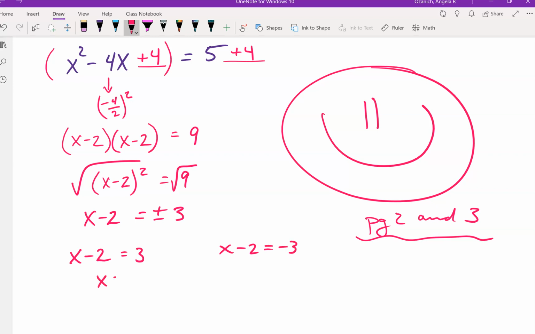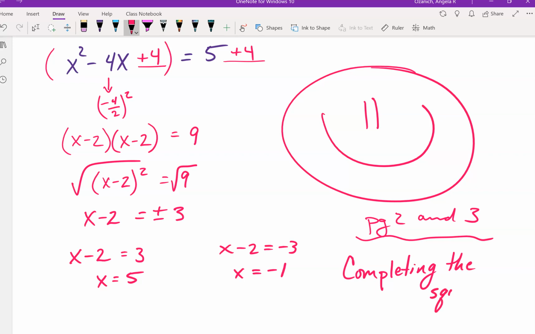And as you add 2 to both sides here, we get our answers of negative 1 and 5. Okay, so just a little reminder about completing the square.